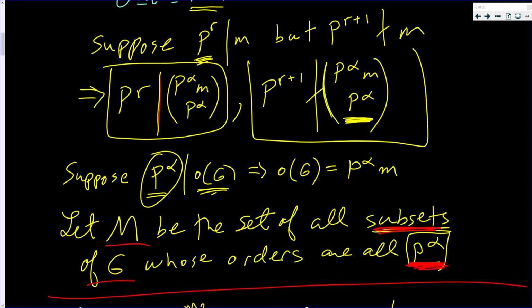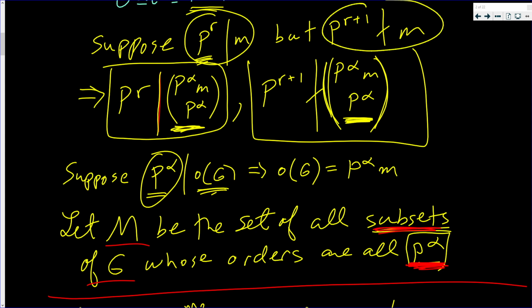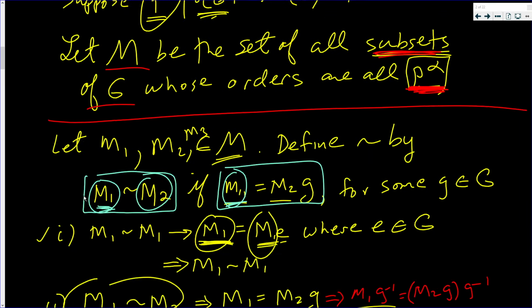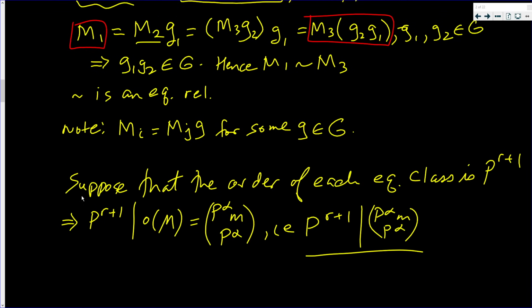The only powers of p that divide this come from m. And I'm saying that p to the r divides m, so p to the r divides this, but p to the r does not divide m. So p to the r cannot divide that. So what we just got was a contradiction.